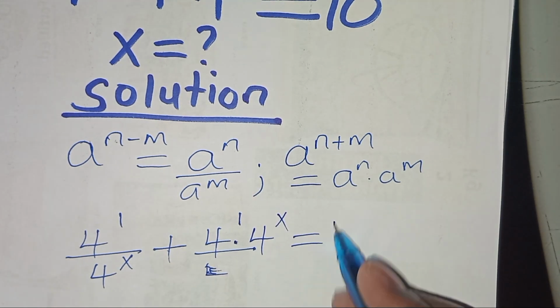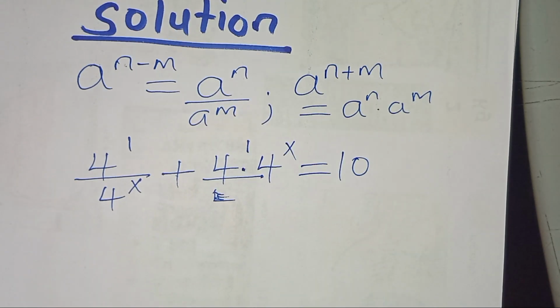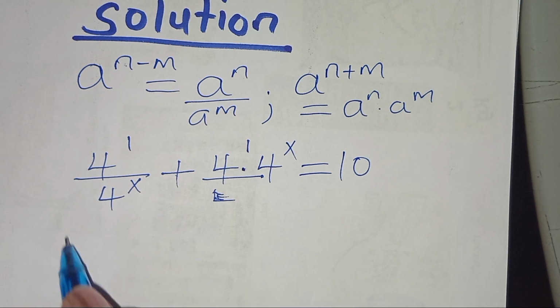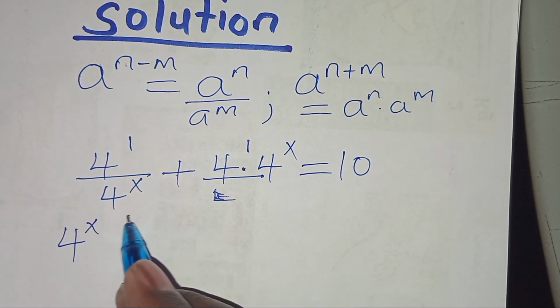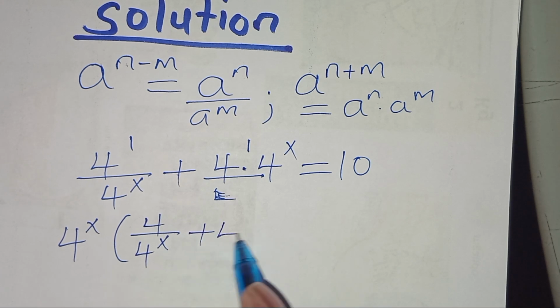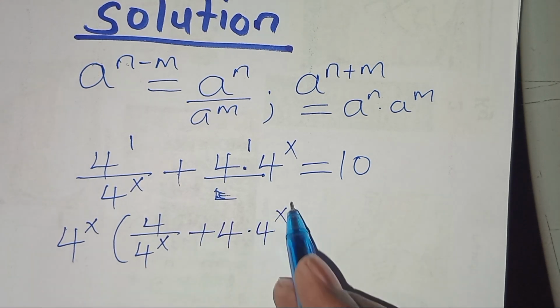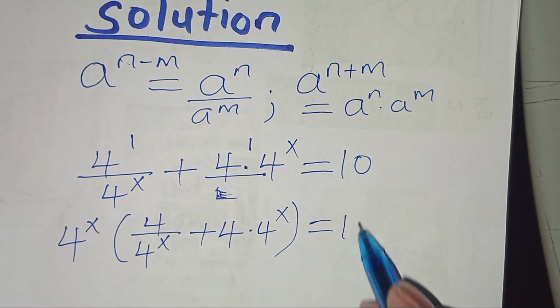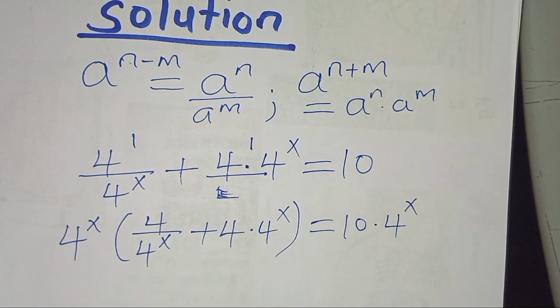This is equal to 10. So from here, let's multiply both sides by 4 raised to power x, so that here we have 4 over 4 to power x plus 4 multiplied by 4 to power x. This is equal to 10 multiplied by 4 to power x.